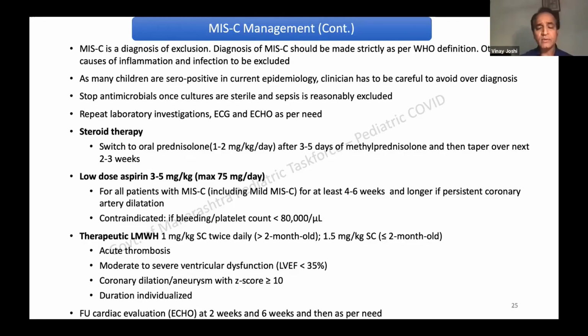If you find these high risk factors, then definitely the child should receive low molecular weight heparin in the dose of 1 milligram per kilo subcutaneously twice daily if the child is more than 2 months old, or if less than 2 months, then we give a slightly higher dose, that is 1.5 milligram per kilo subcutaneous.